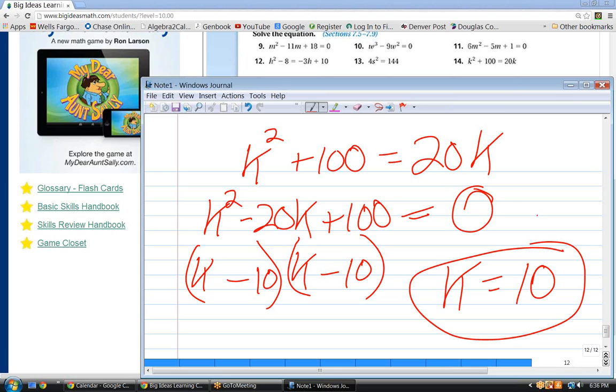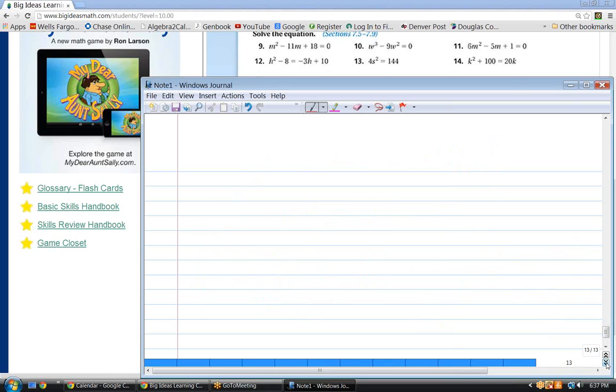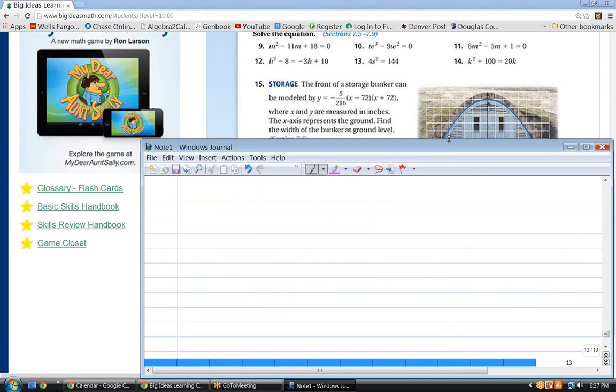Actually, it's one answer twice. You'll get to a point in math where they talk about multiplicity of the answers, and you would say this has one solution with multiplicity of 2, because there were actually 2 different answers. That one, k was equal to 10, and this one, k is equal to 10. But we won't get into that right now.